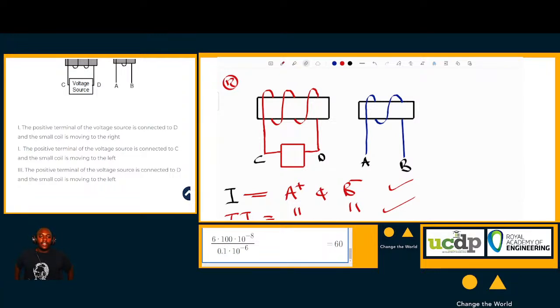Case 3 says the positive terminal of the voltage source is connected to D. So which means that the positive is connected to D, is negative, and the small coil is moving to the left.